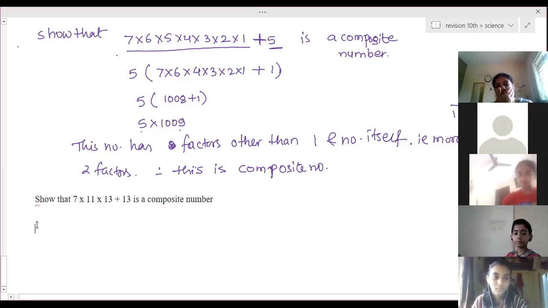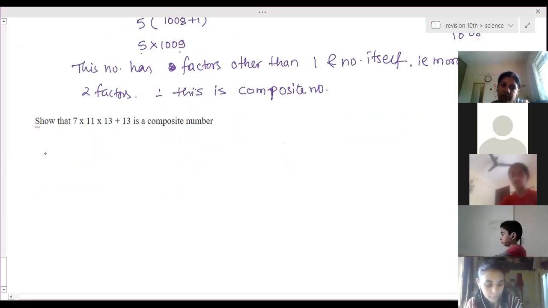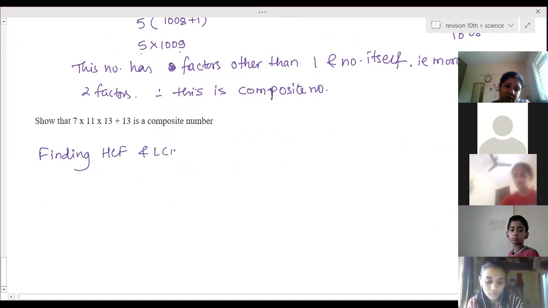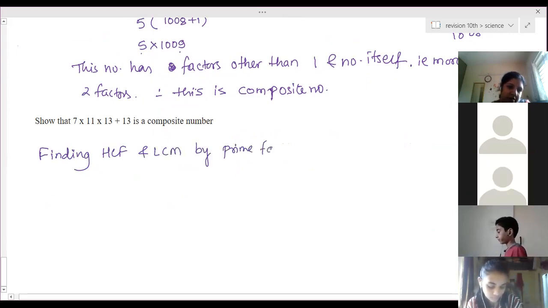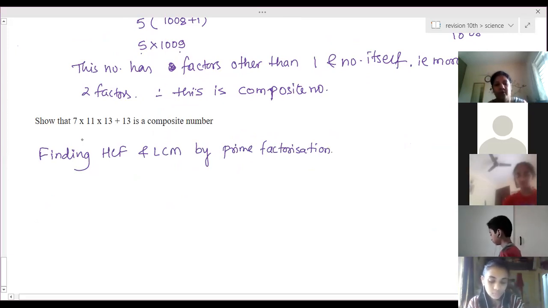The next part of this is finding HCF and LCM by prime factorization. Okay.